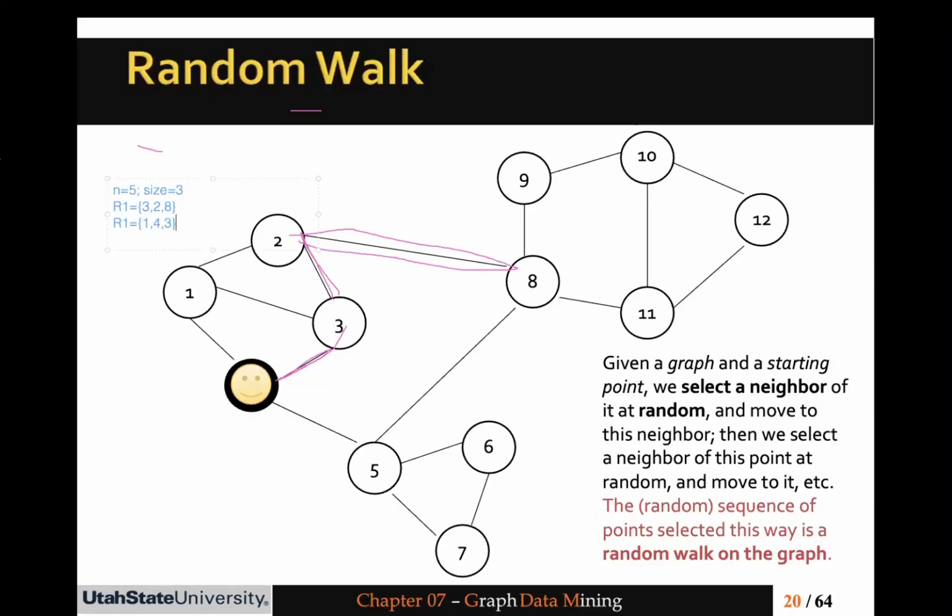This is my second random walk, and this is my third random walk. This time, I went to node 5. From 5, I went to 6, and from 6, I went to 7. All right. So these are my random walks, and I keep doing this 5 times, up to random walk 5.